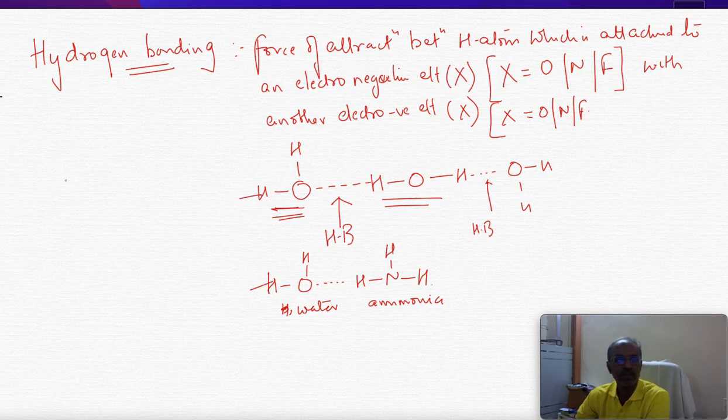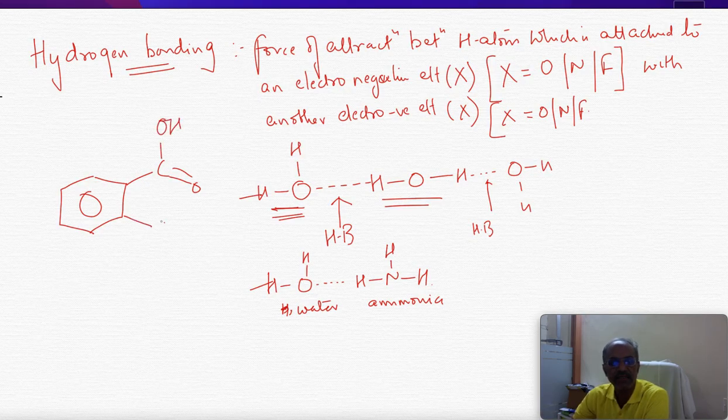Or you can also take, suppose I write a C double bond O, OH acid, and this is a hydroxide OH.